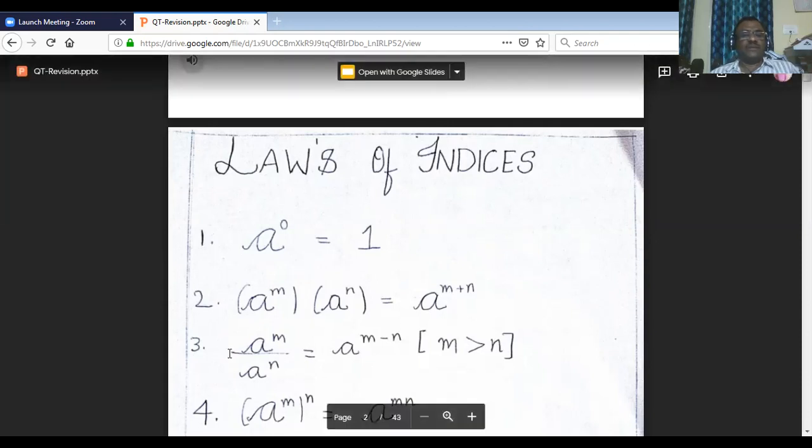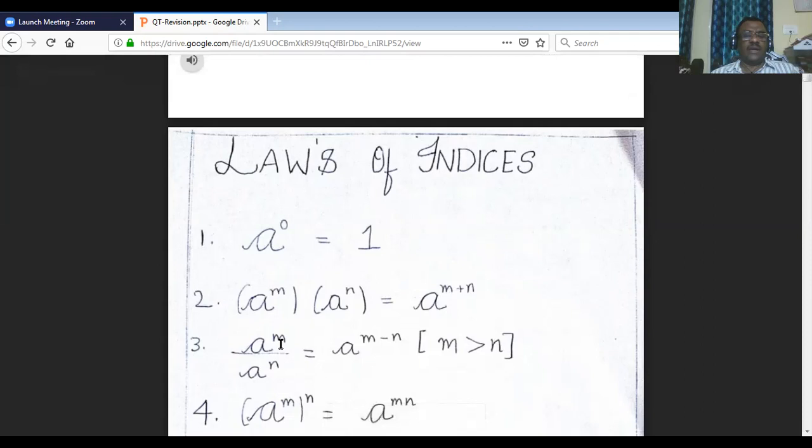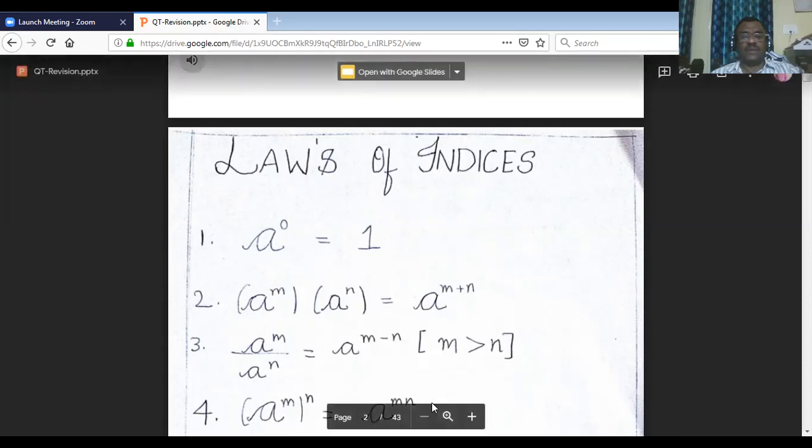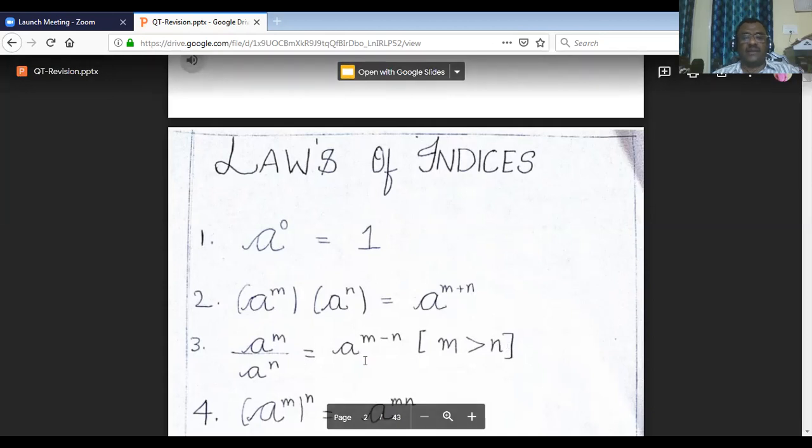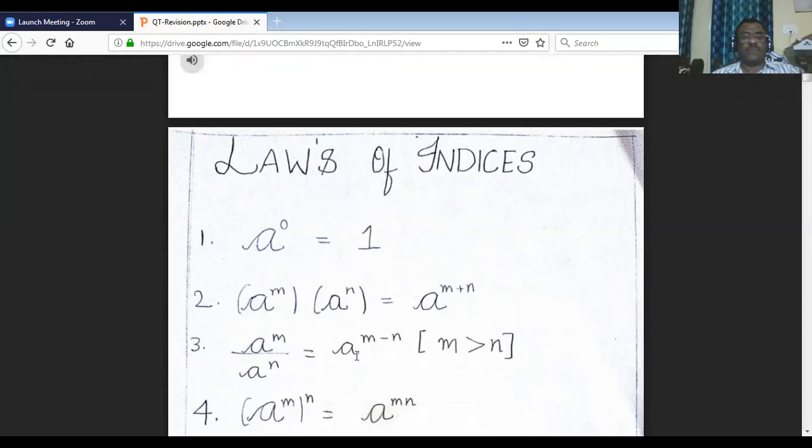Third law: a power m divided by a power n is equal to a to the power of m minus n, where m is greater than n. When m is less than n, this is going to be a to the power of n minus m.